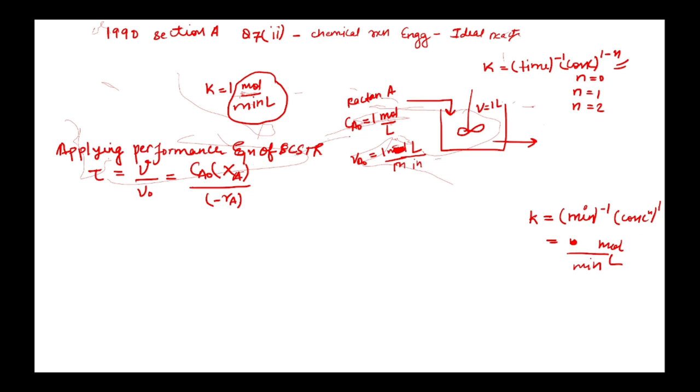Suppose in the question we have an initial conversion also. The reactant is partially converted. Suppose we have X naught and X1, and we have to find X1.